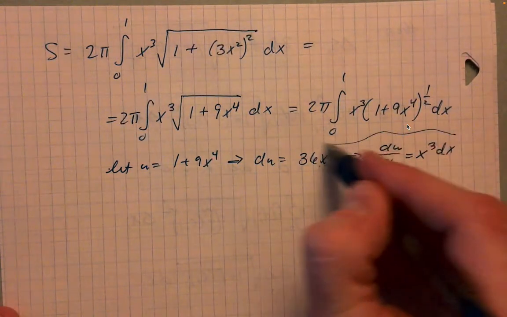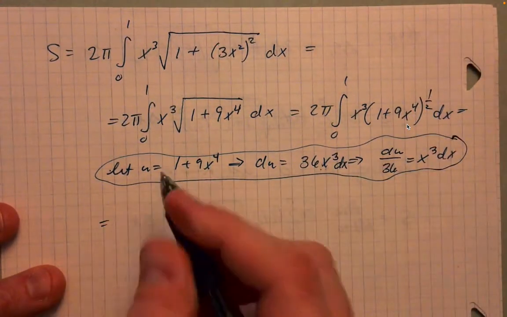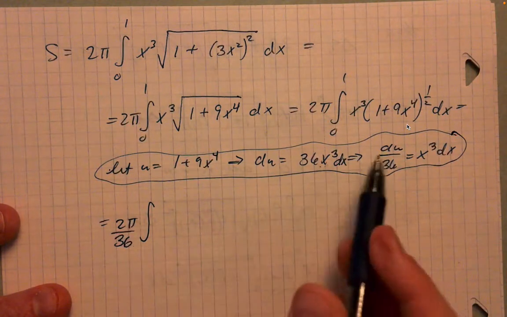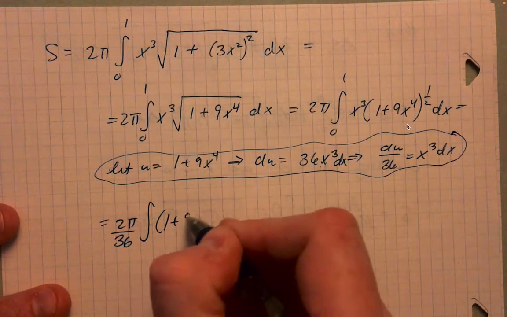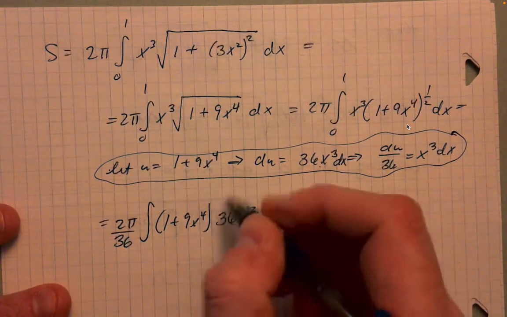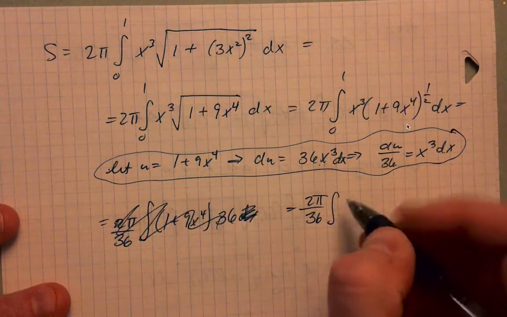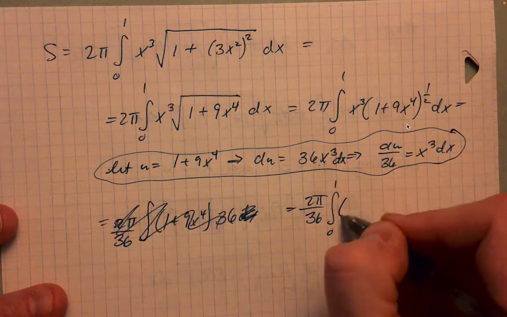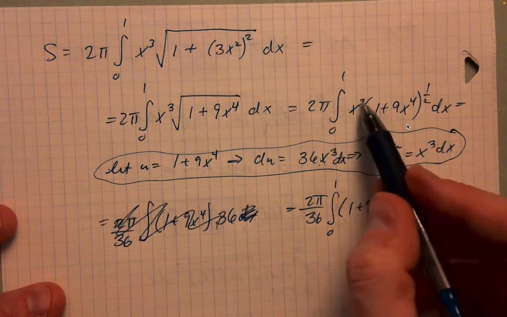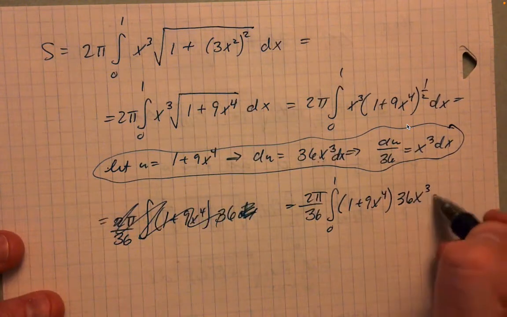Okay, so this is kind of the side calculation, just to make sure you understand what the change of variables needs to be. And so this is 2 pi times, well, you're going to have to bring in a 36 here, aren't you? So it's 2 pi over 36, and then 0 up to 1, and then just rearranging these things, 1 plus 9x to the 4th, and then x cubed, but I've multiplied and divided by 36 to get this change of variables to work.